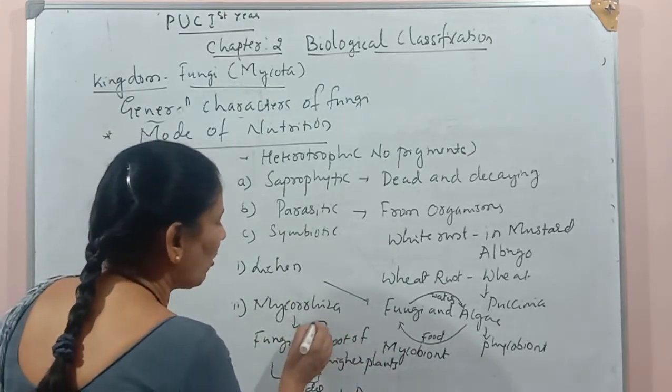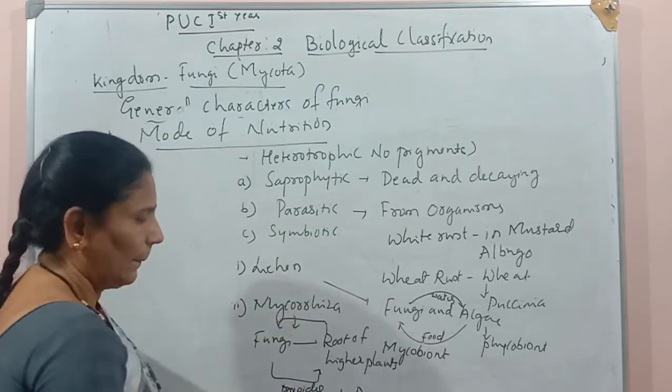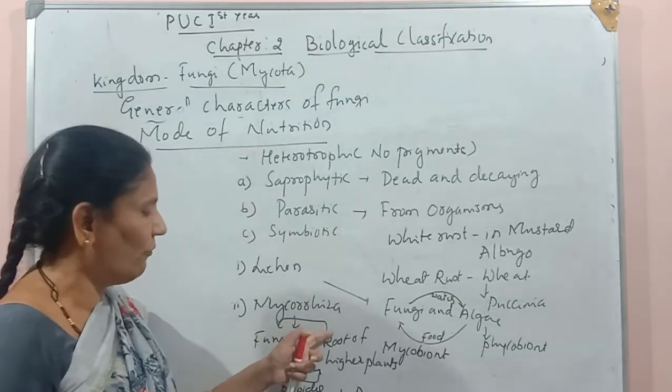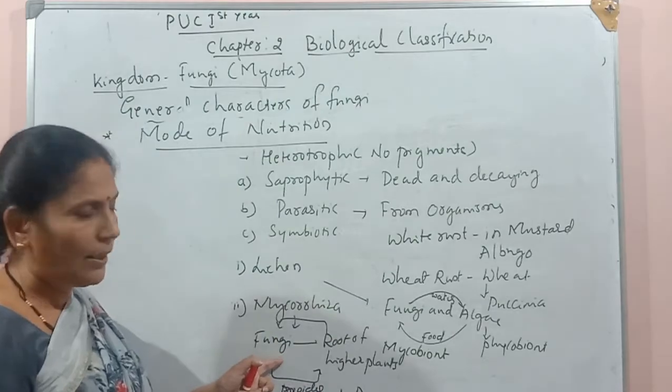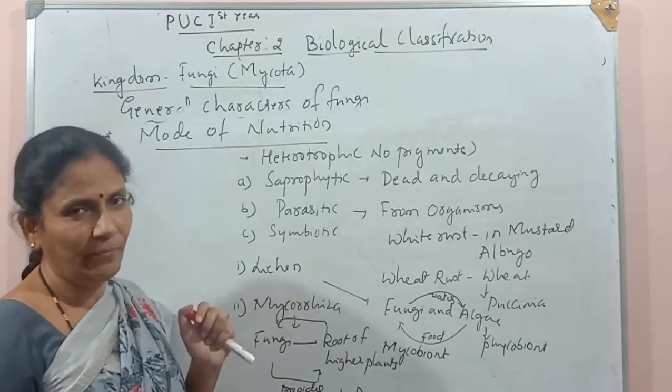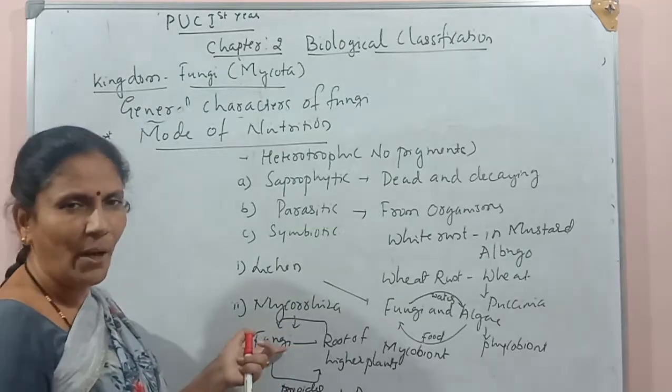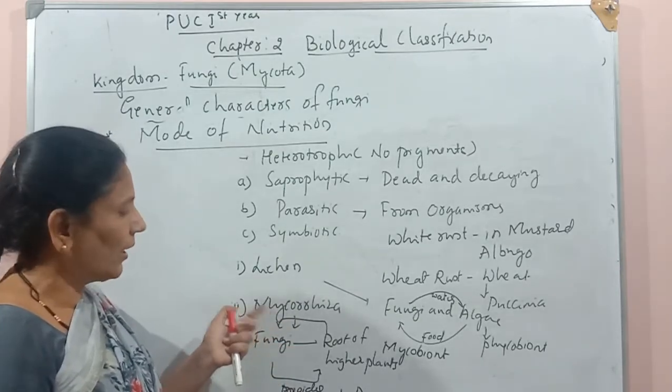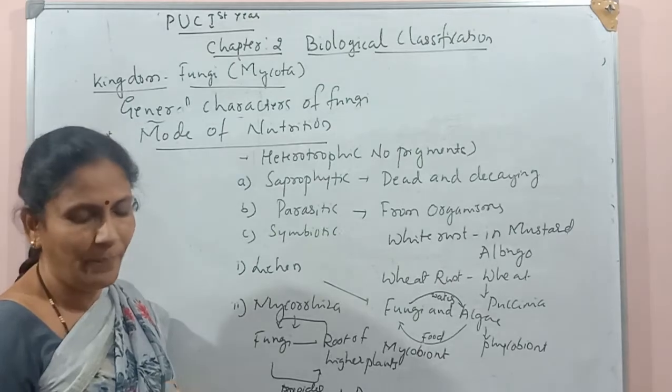And roots of higher plants provide the shelter and food to the fungi. Both are mutually benefited from each other. And this relation is called symbiotic, and a type is mycorrhiza.